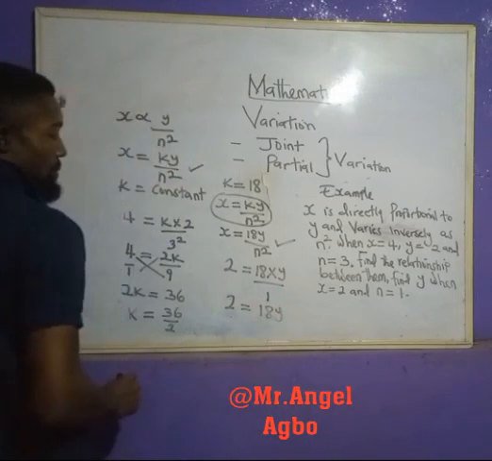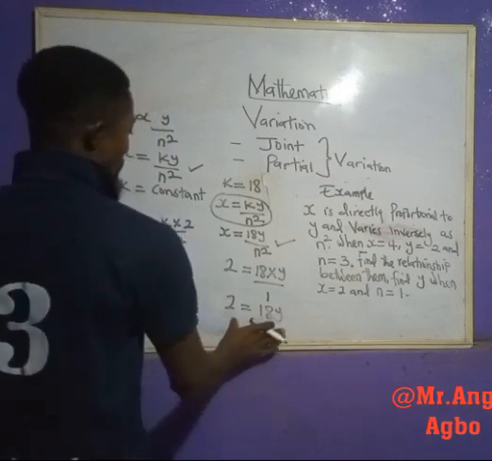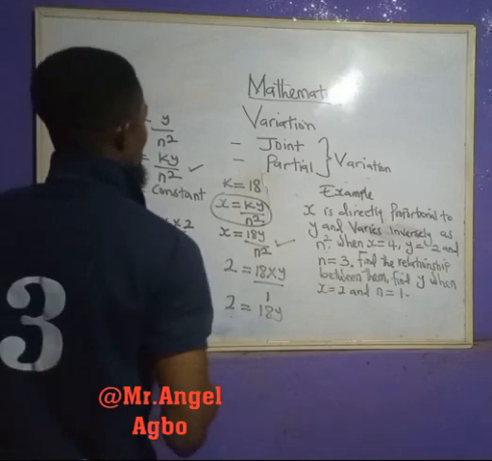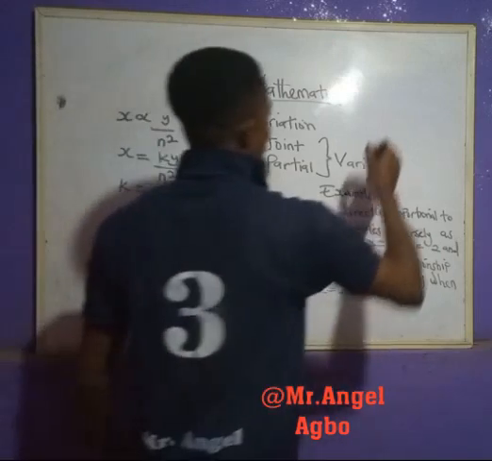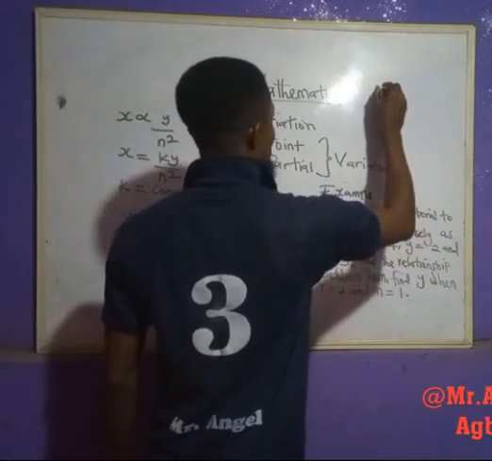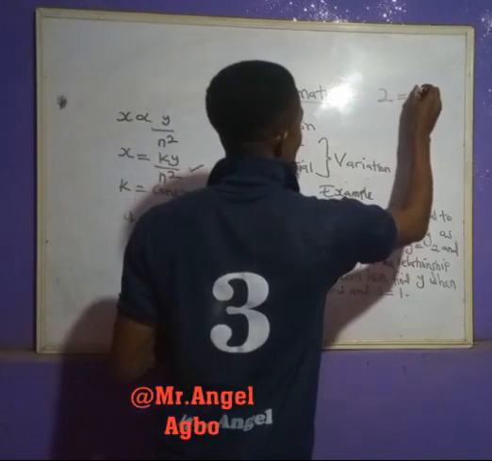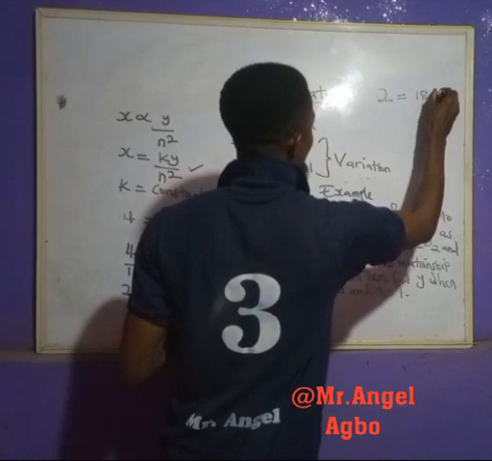So you know that what we need to do right now is to divide both sides by 18. So I will take it to this side. 2 equals 18y.